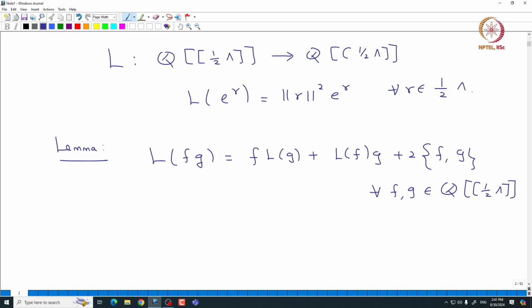So this is the relation we have between the brackets and the Laplacian operator, something we know already.